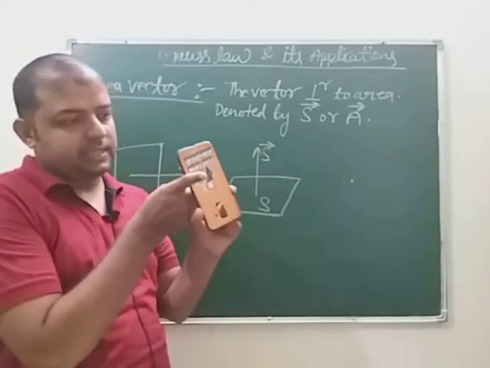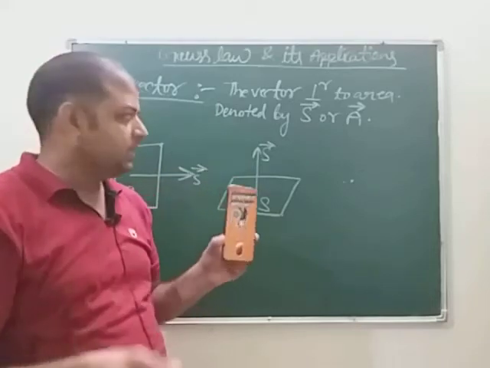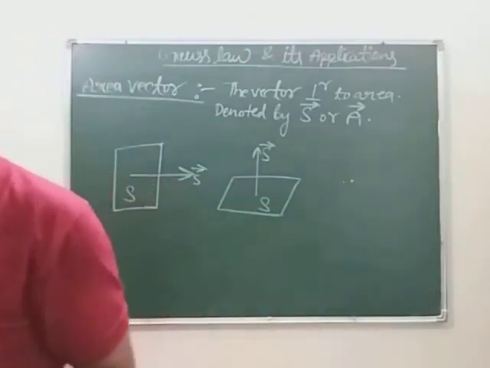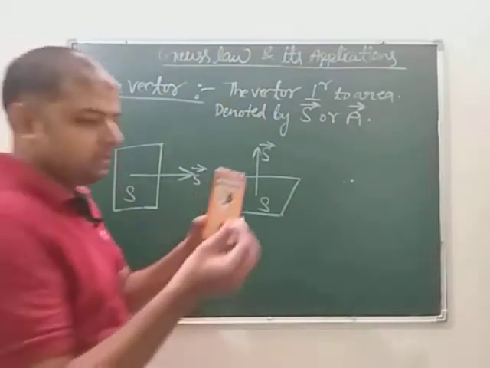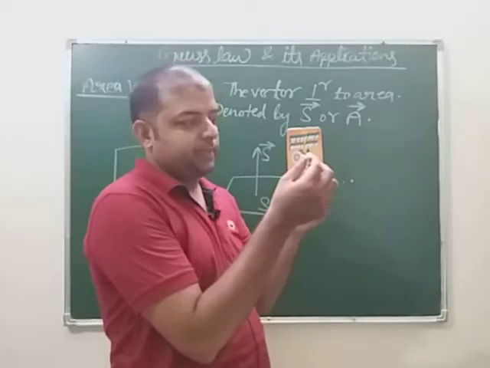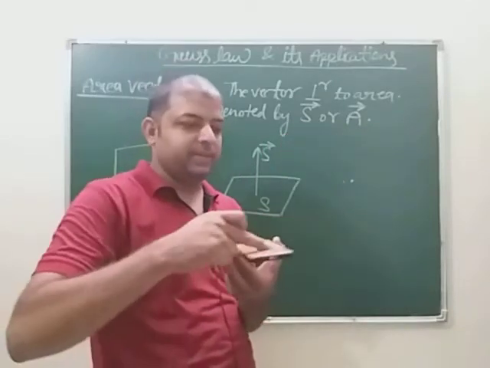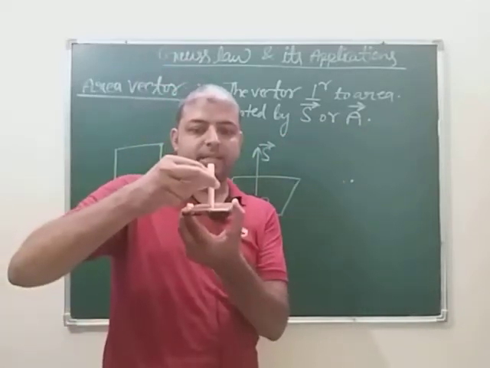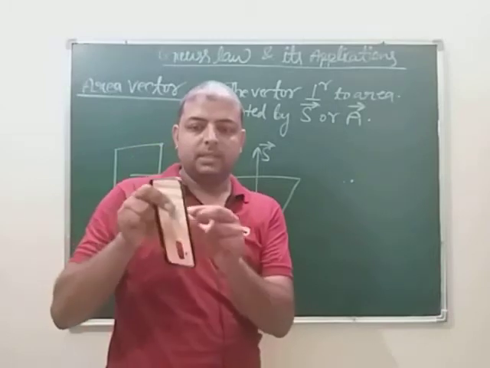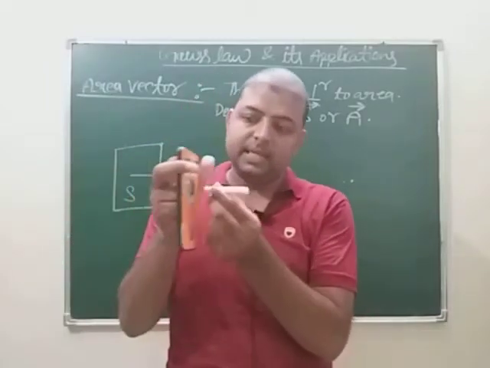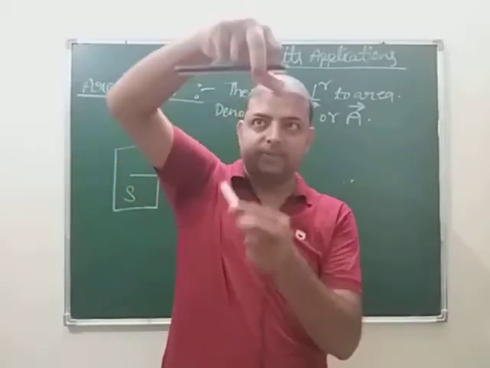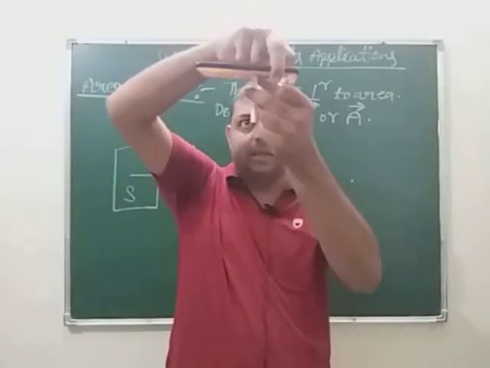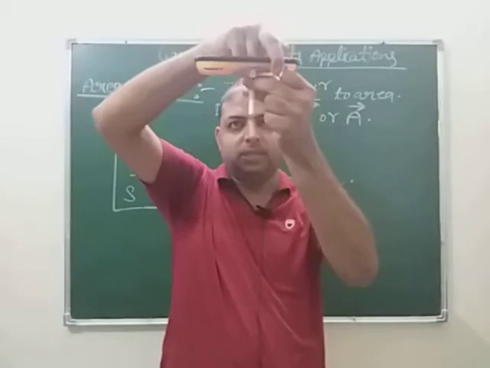Look at this example: if the surface is this, then the area vector is perpendicular to the surface. If the surface is this side, then the area vector is perpendicular to the surface.